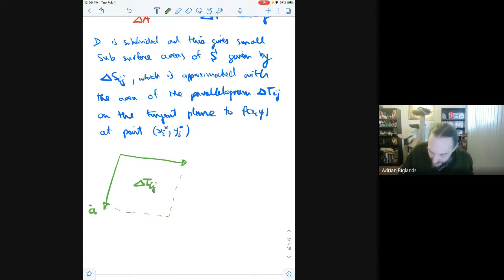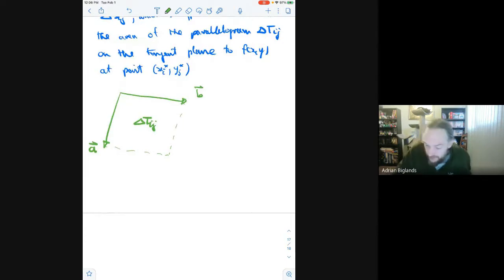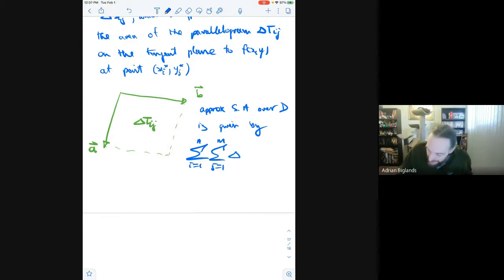And then we're going to have these two vectors A and B. So what that tells us is the approximate surface area over D is given by the sum from i equals 1 to n, the sum from j equals 1 to m of delta Tij, because each Tij approximately equals the actual delta Sij.